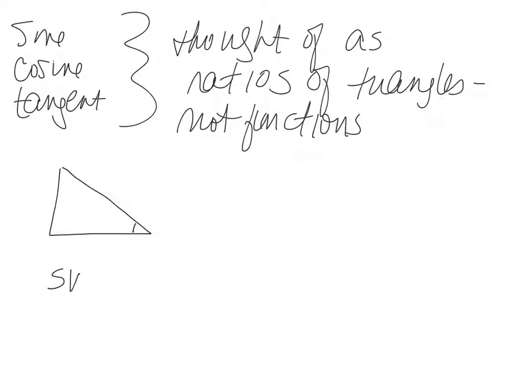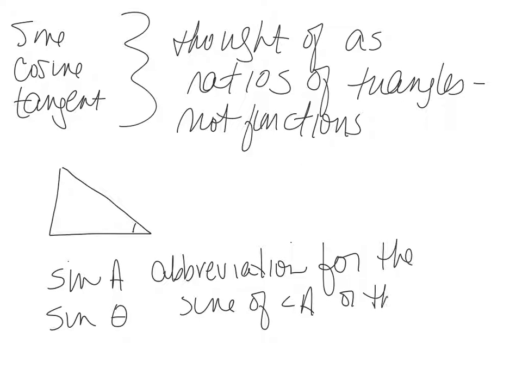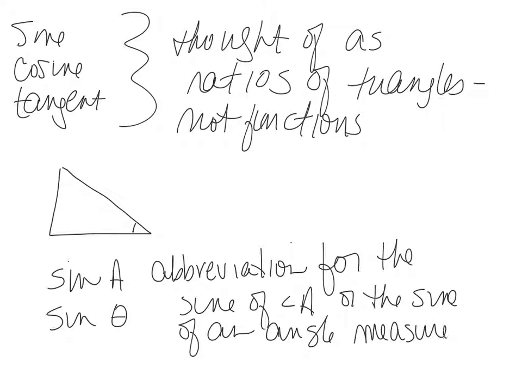So for instance, the abbreviation sine A or sine theta is just an abbreviation for the sine of angle A, or the sine of an angle measure, which is like theta.